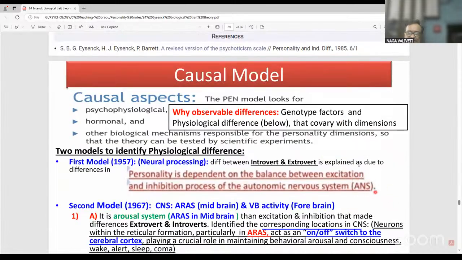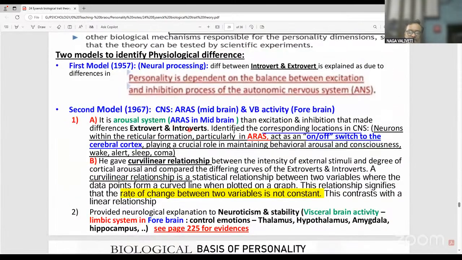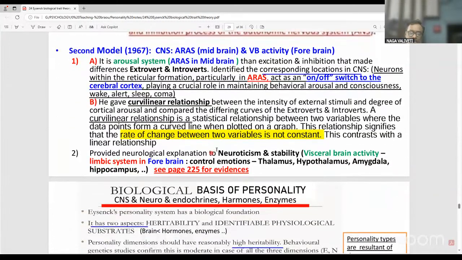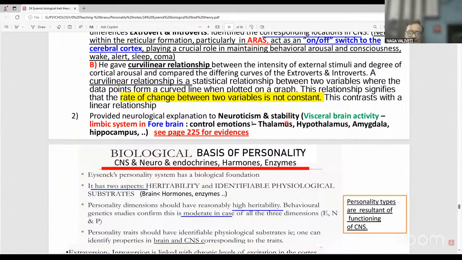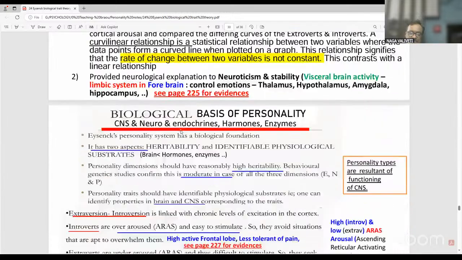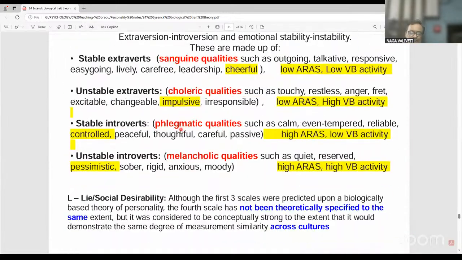Initially, he had given the ANS for introversion and extraversion. For the introvert and extrovert, he had given the ascending reticular activating system from the midbrain. This is the forebrain. Depending on this, neuroticism and stability are explained through the visceral brain or limbic system. This is what he explained.